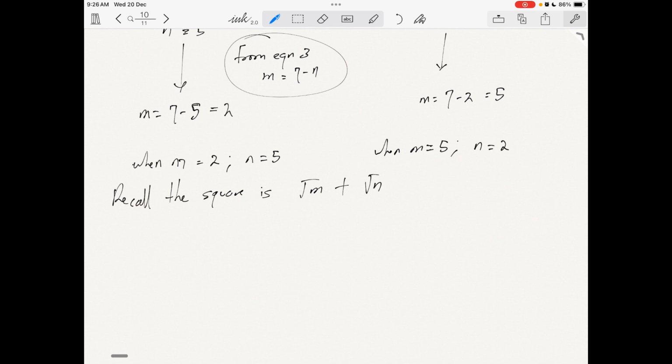So when m is equals to 2 and n is equals to 5, that is our first square root, and when m is 5 and n is 2, this will be our second square root.